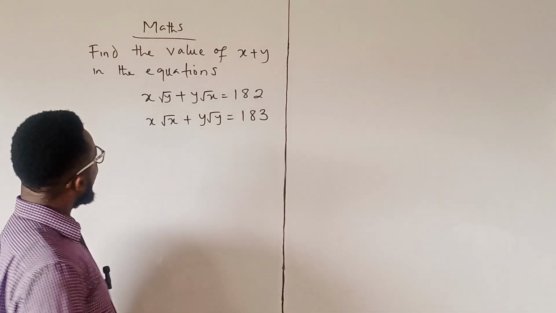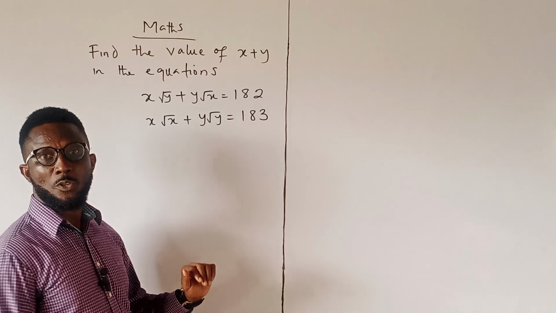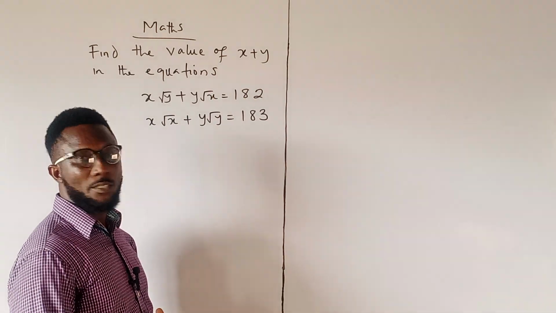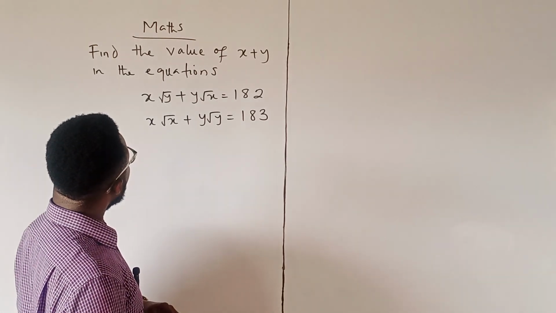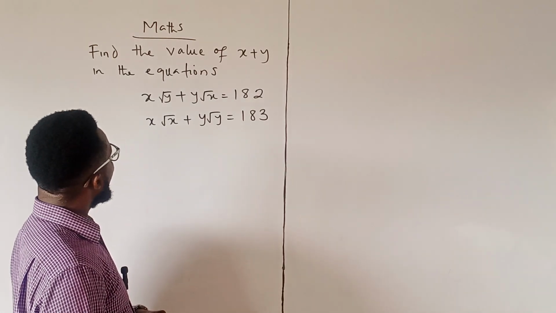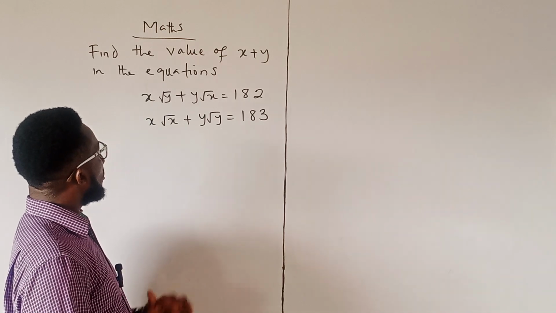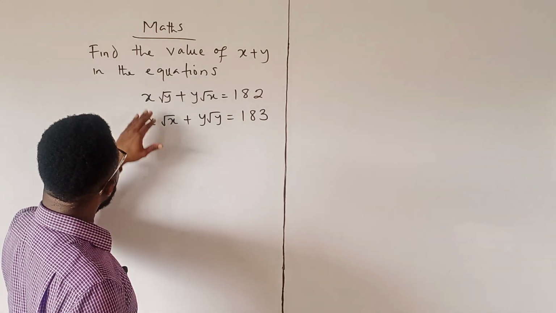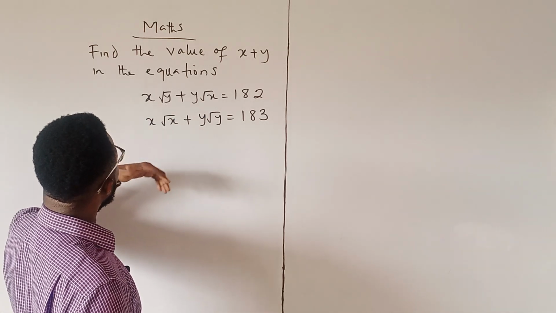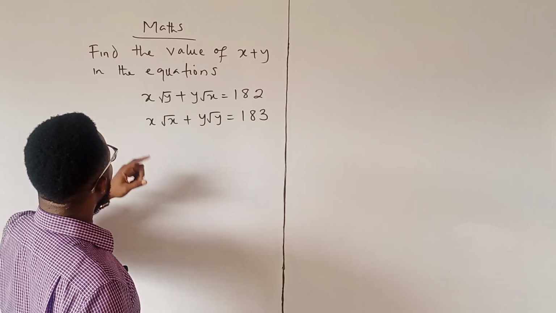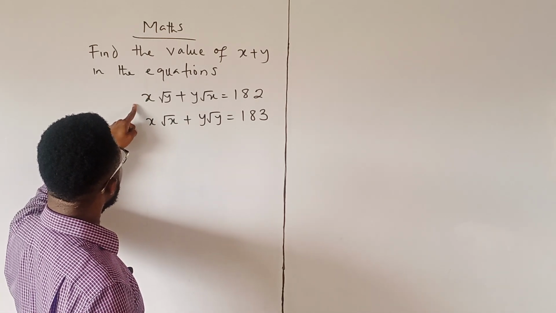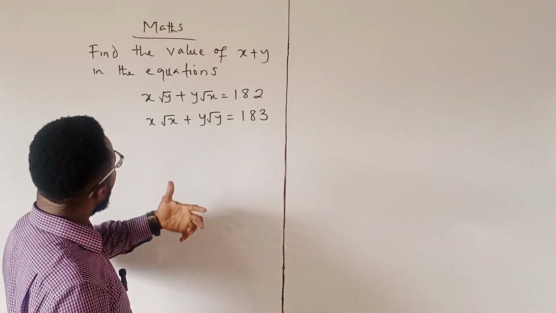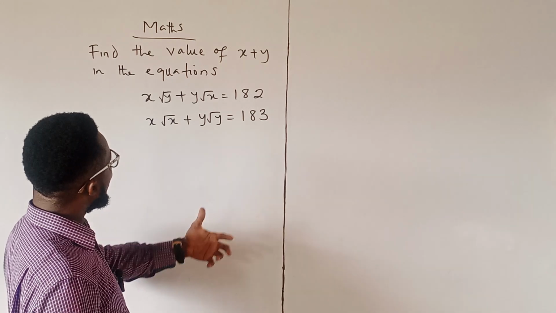As you can see, because of the radicals, any attempt to solve for the values of x and y independently before adding is going to be a Herculean task. If you decide to use brute force, because of the square root sign, you could square the first equation and square the second equation, then add or subtract the results.